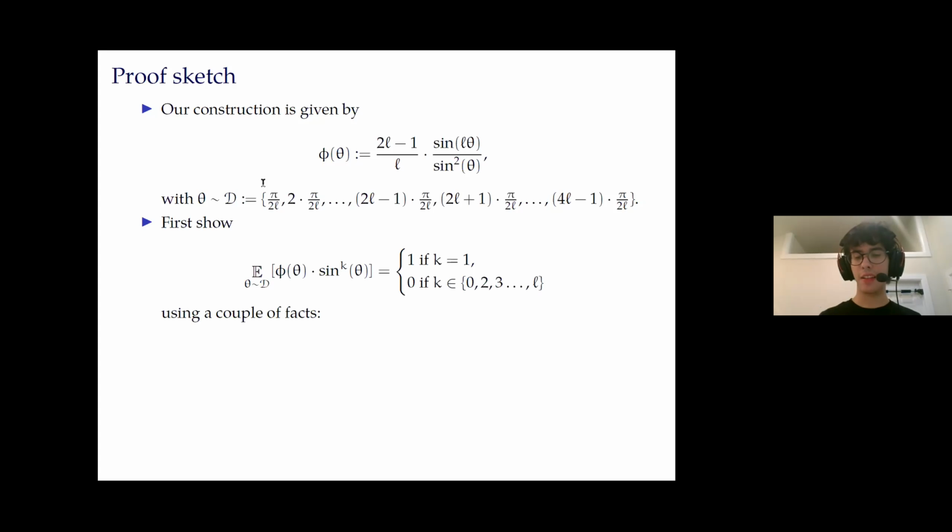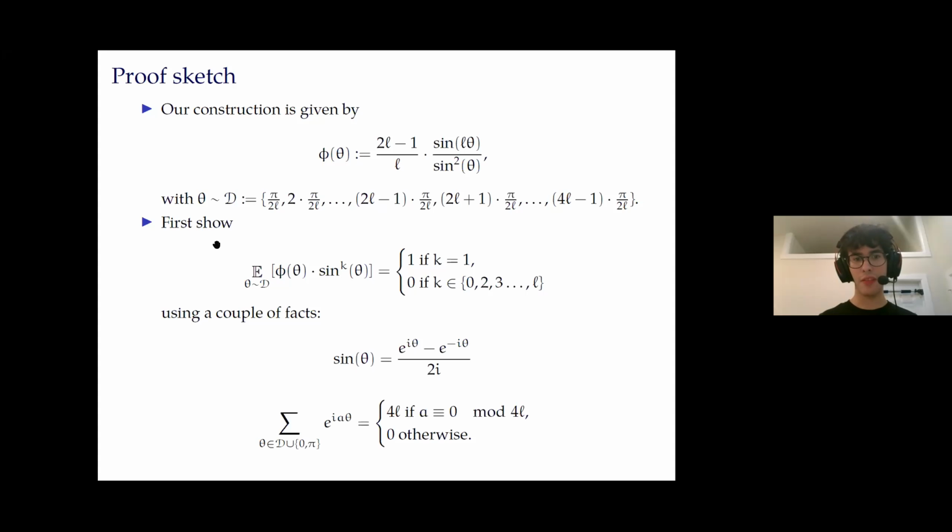The first fact is that we can write this sine function as a nice exponential. That's a well-known result: you can just use the fact that e to the i theta is cosine plus i times sine. And it's going to be very helpful for us.